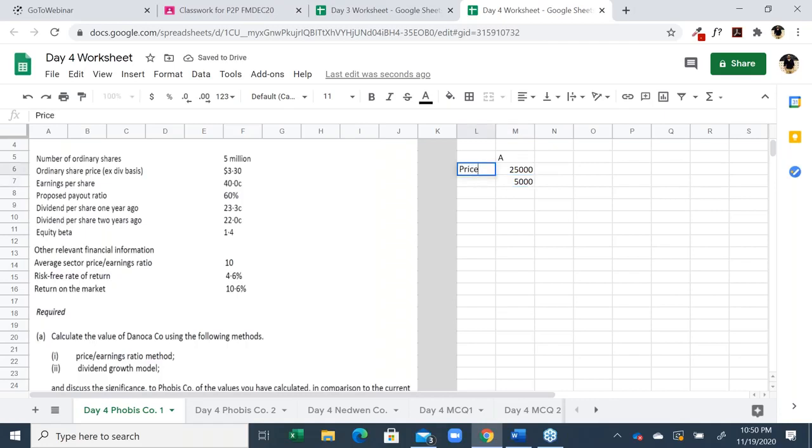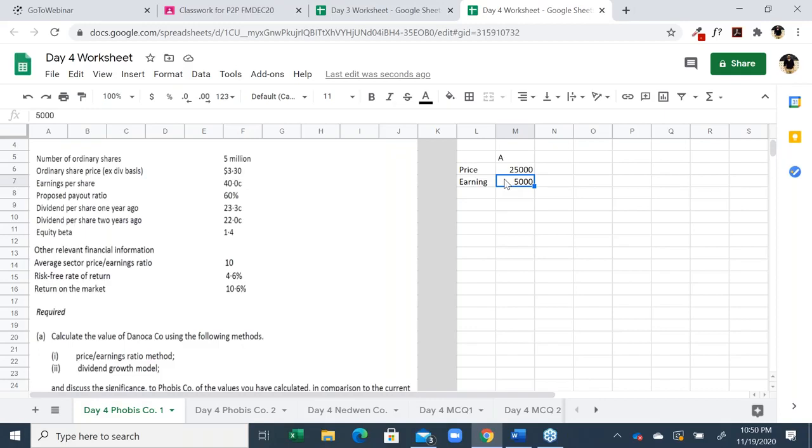So that's the price of this company, and this is the per year earning of this company, right? So the investor is willing to buy this company for $25,000, knowing that each year it is going to earn 5,000.